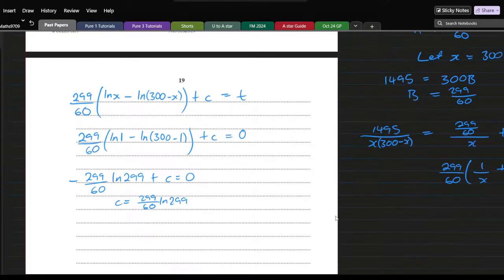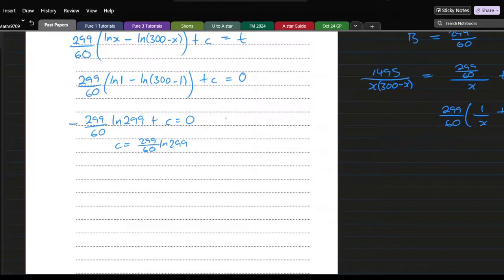So we can write our equation, putting t on the left hand side, as t is equal to 299 over 60 times (ln x minus ln (300 minus x)), and we can even factor out the 299 over 60 from the C so that we've got plus ln 299 here, and that there is our differential equation.